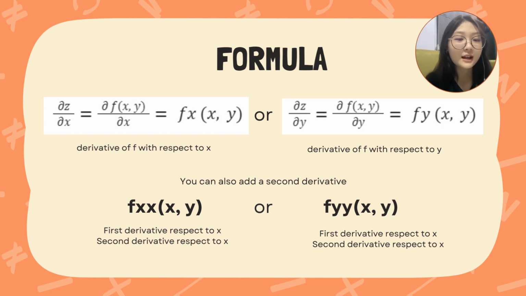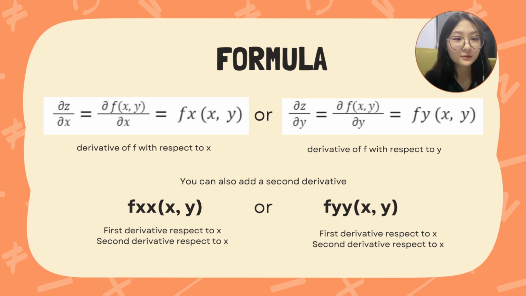And you can actually add a second derivative as shown below, which is fxx(x,y), where the first derivative, the one closer to the f, is with respect to x, and the second derivative is also with respect to x. And this works likewise for y as well.